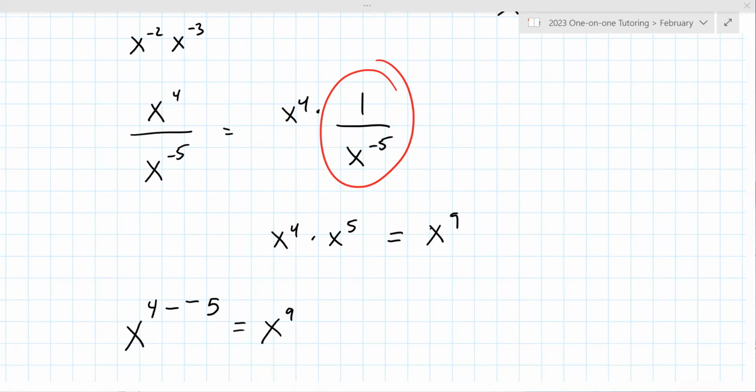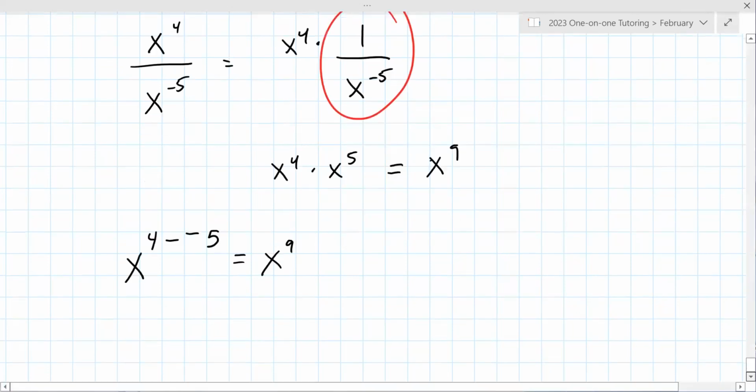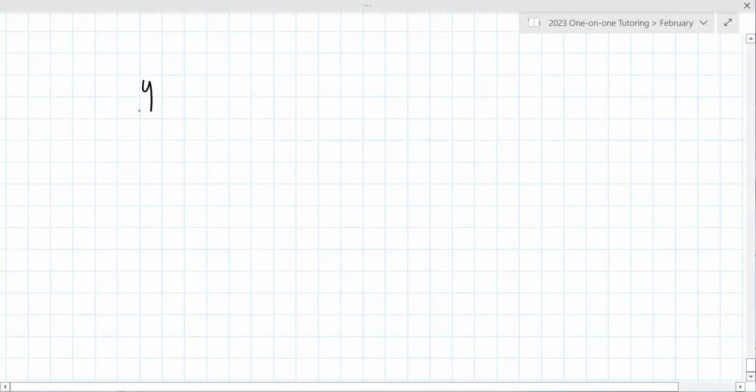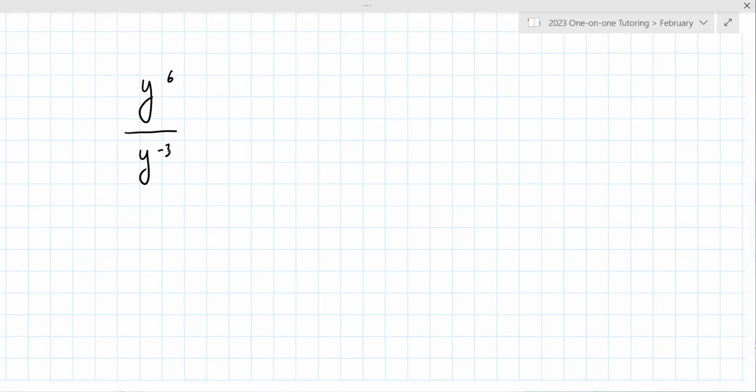Let me keep going here. We've got plenty of time to get through all the rest of this. So let's say it's y to the sixth over y to the minus 3. I want you to simplify that however you want. There's no right or wrong here. It's just what you see. So you wouldn't flip them, you're saying?